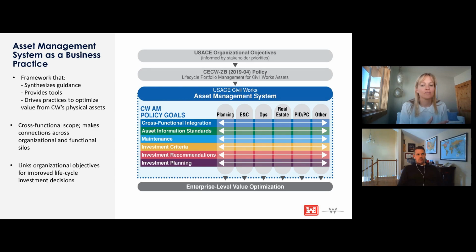But first, let me substantiate why we are like this. Look at this graphic, right? This is not a bad representation of how an organization like the Corps aligns itself. Why is it so hard to get an organization to share a common vision of value? It's because of this kind of complexity.